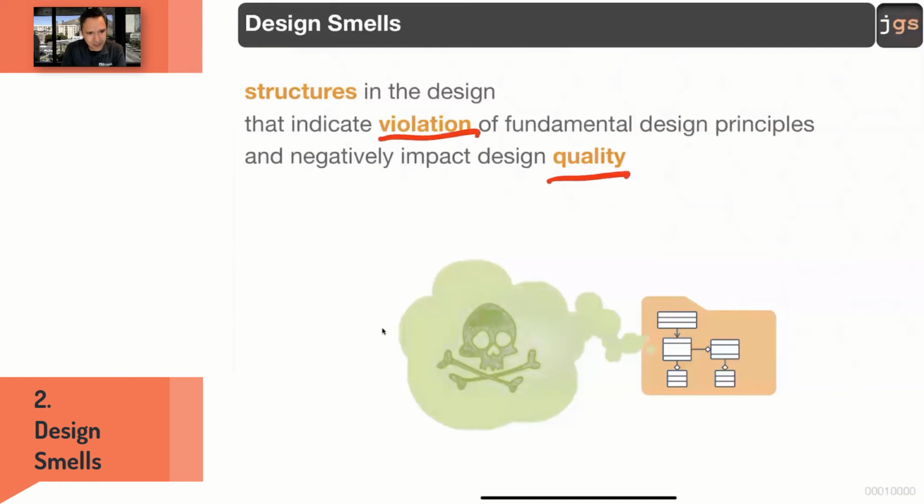Something there looks like the quality could be better. Something there looks like you have a violation of the principles of object-oriented design, or the patterns, or the structure. It looks like some of the principles that we have been describing are missing, or are used incorrectly, or moreover, the structure.